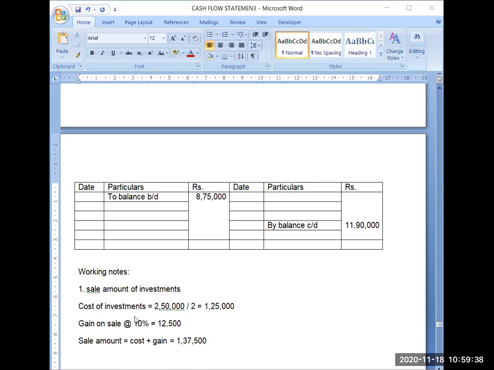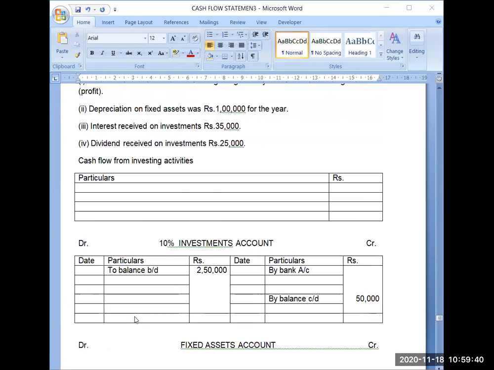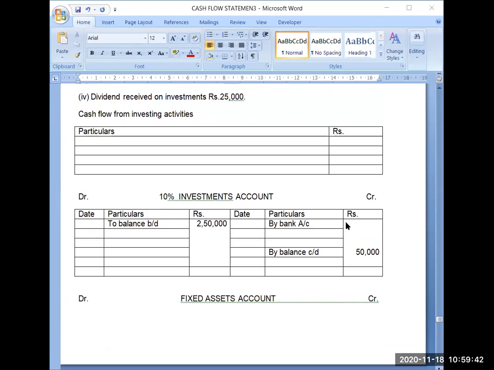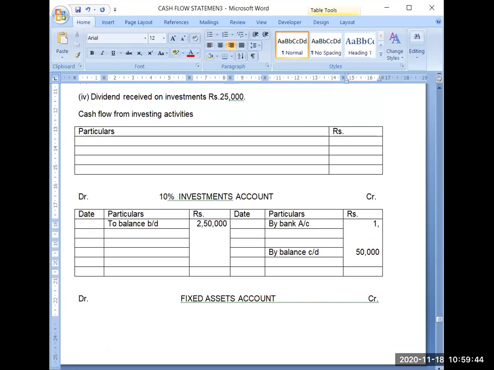Now we will write these amounts. So here it will be 1,37,500. And then gain entry will be done here to statement of profit and loss.